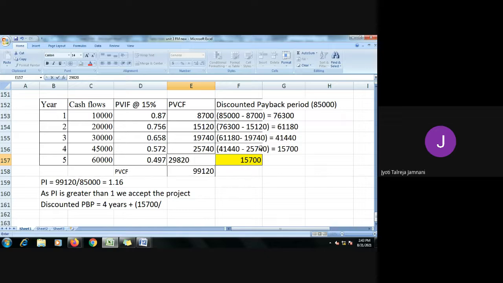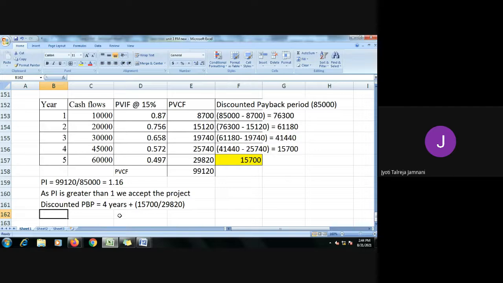So what you need divided by what you have. I need 15,700 in the last year and I have 29,820 in the last year. So 15,700 we will divide with that to get the value.